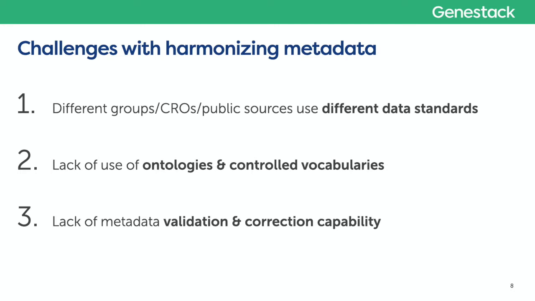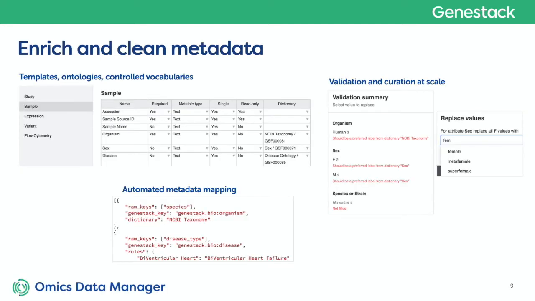Even after overcoming those two challenges, you may end up spending a lot of time to clean up and correct your metadata. Our product, ODM, will enable you to enrich and clean metadata. You can create templates that describe for each data type what attributes are required, and what ontologies and controlled vocabularies to use.